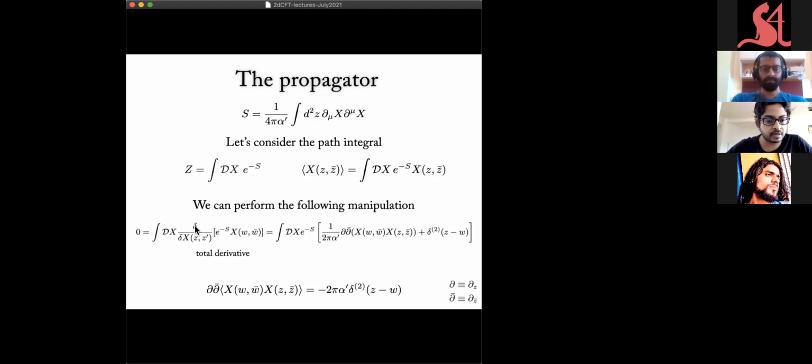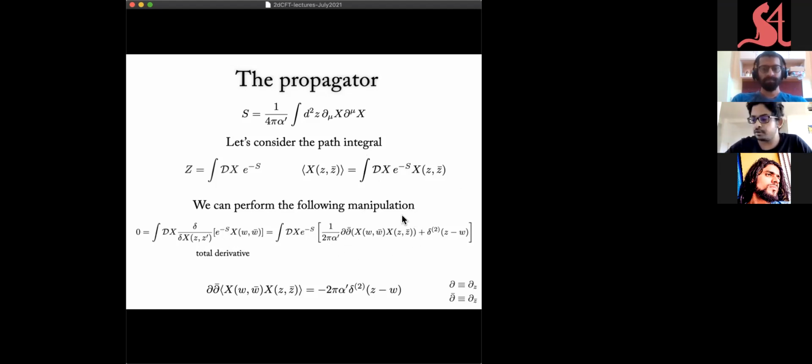We can take a derivative with respect to x of this combination. So this is a total derivative, and therefore it should be 0. And you can hit it on this as well as this. So when you hit it on e to the minus S, you get this factor.